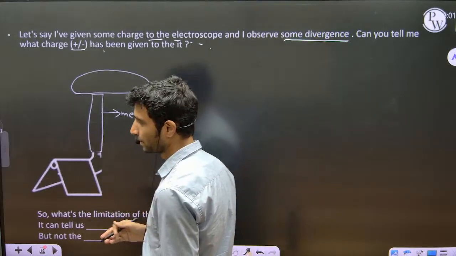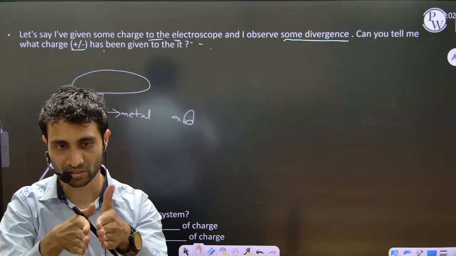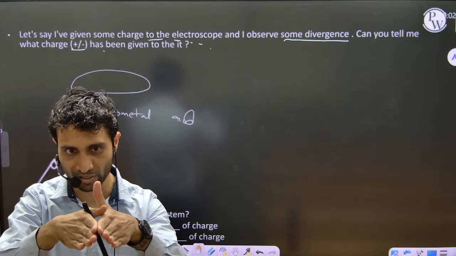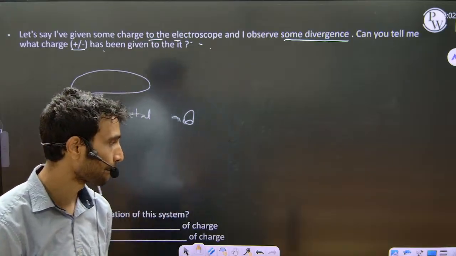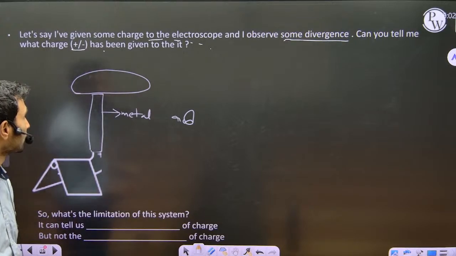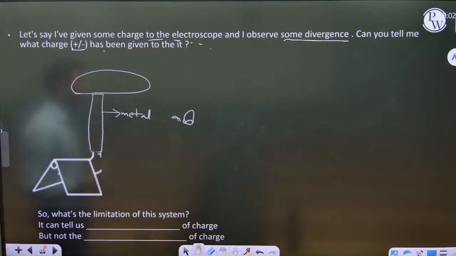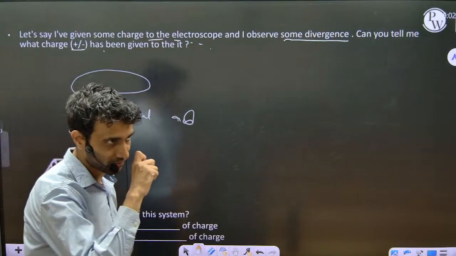That means the plates are going away from each other when I give some charge. That is my observation. Can you tell me what charge has been given, positive or negative?